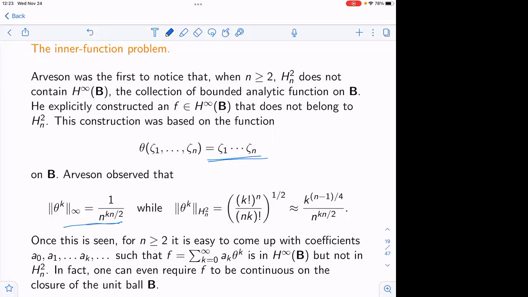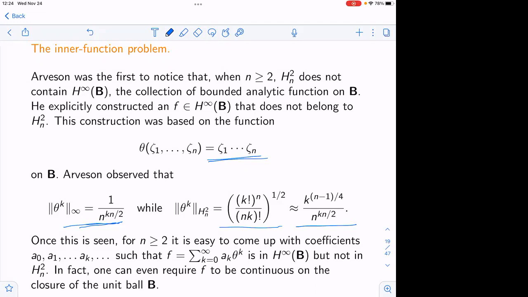It's given by this, and its Drury-Arveson space norm is this, and then you use the asymptotic formula that turns out to be this. So you can see that this is a factor of k to the power of (n minus 1) over 4 bigger than this. And you also notice that if n equals 1, then that factor goes away and is equal to 1.